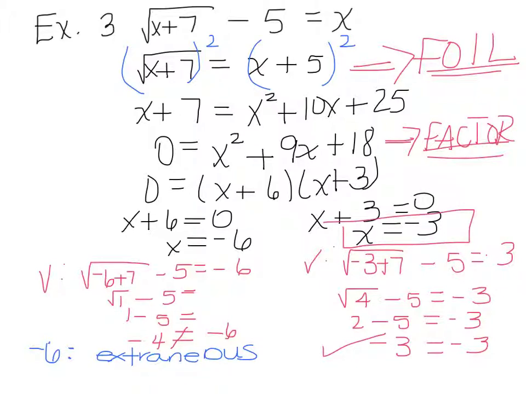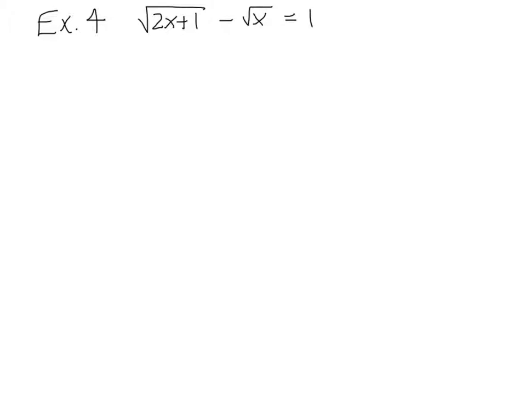-6 was extraneous. Okay, our last example, we have two radicals, and we want to isolate one of the radicals. It doesn't matter which one. So I would probably move the one that's negative over, if there is one. If not, then you just choose. And here's the thing, you would still square both sides.